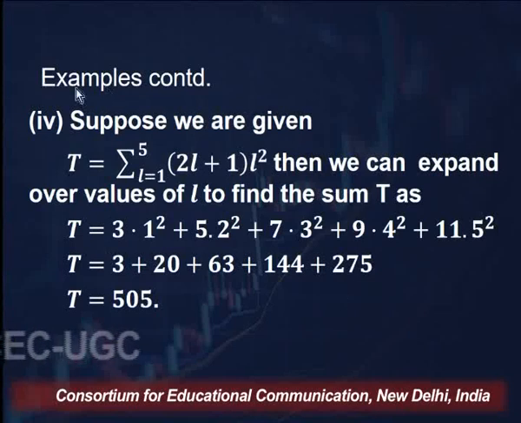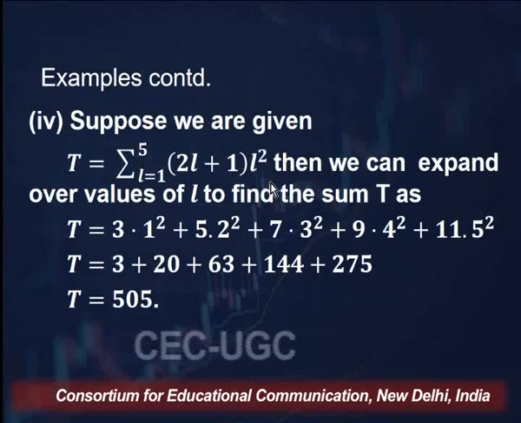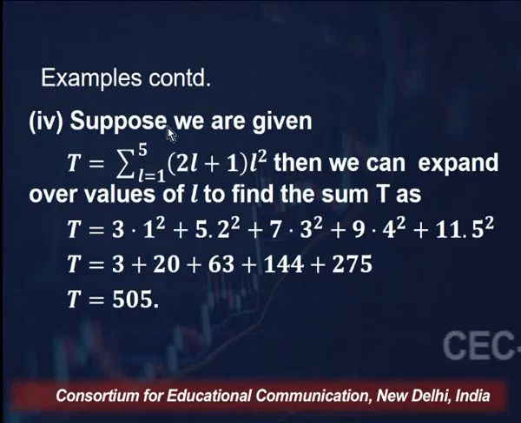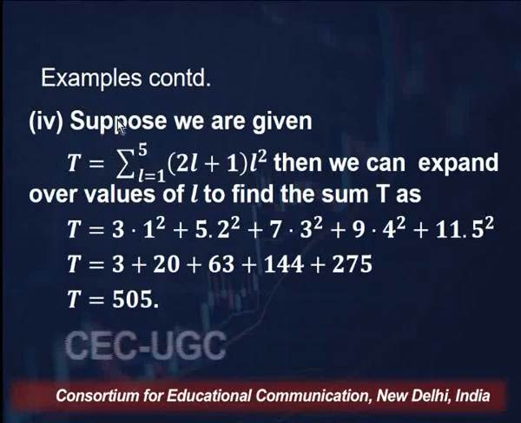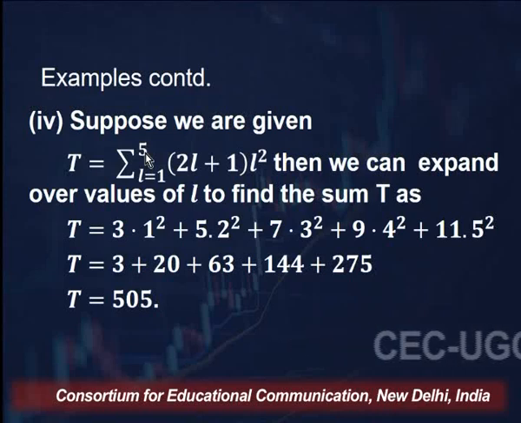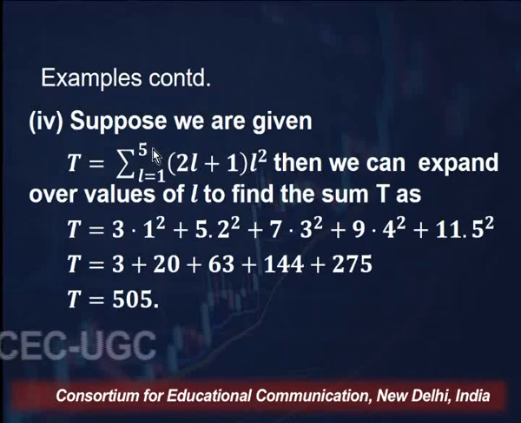Now, sometimes if the sum is given to you, you can operate the capital sigma over the term and then find the sum. So, it works both ways, either you are given a sum and you are using the capital sigma to express that sum, or sometimes you are given the terms in terms of capital sigma and you are expected to give the value of the sum.